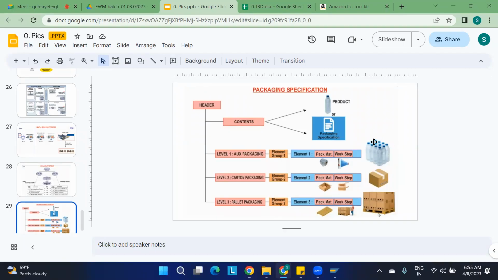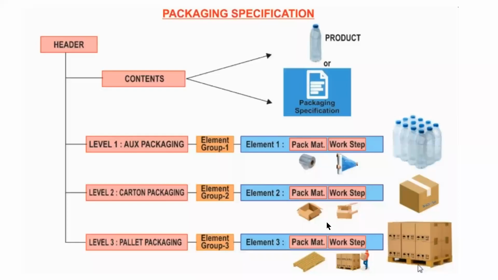The same thing we cannot wrap on the carton box; it should be folded. This carton box cannot be wrapped. It can be folded like this, but this one cannot be folded; we can wrap over it. Correct? No?